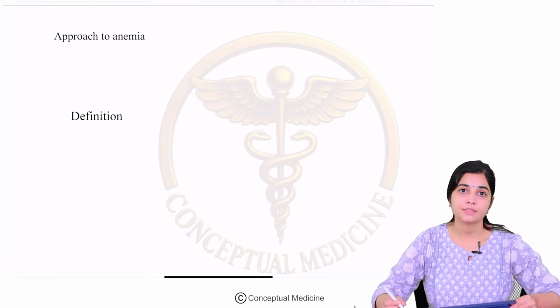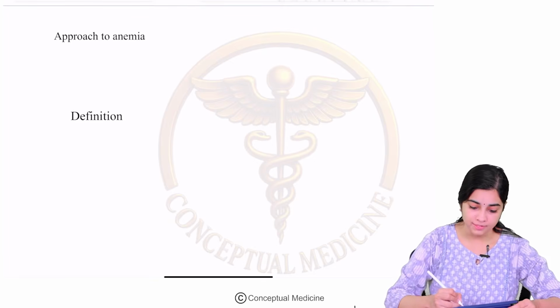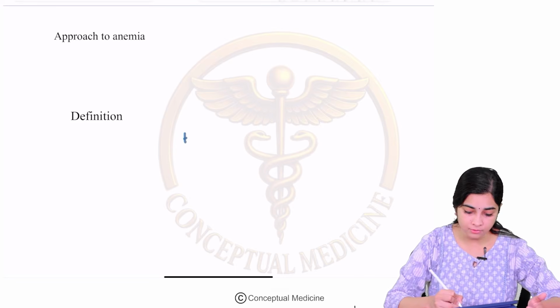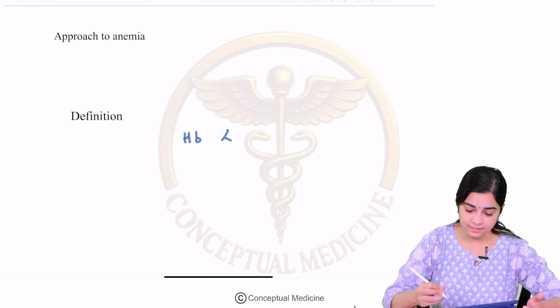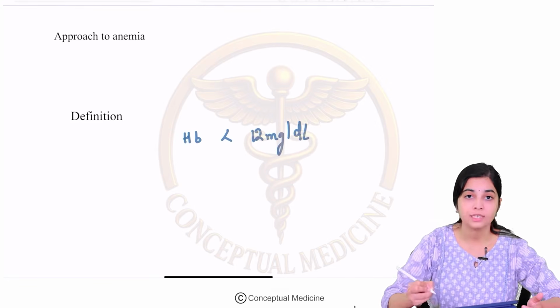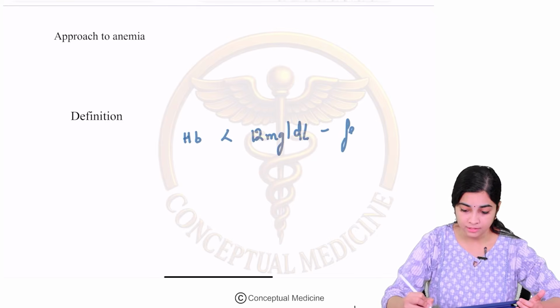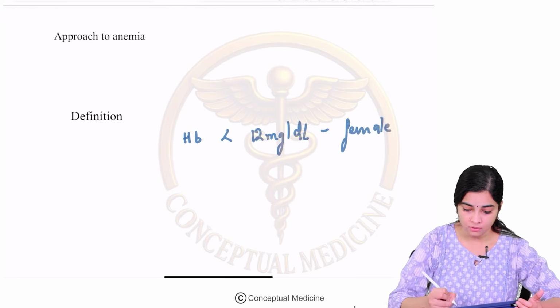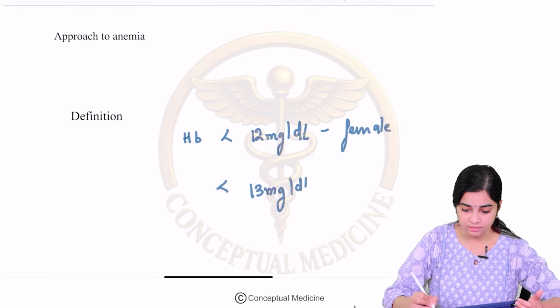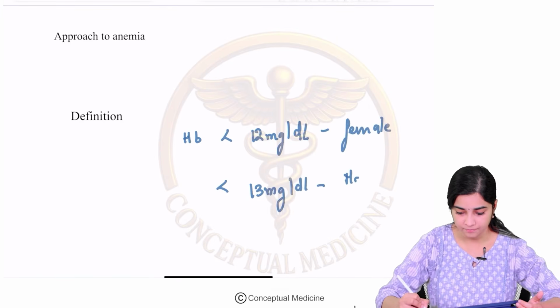Anemia, as per the definition of the WHO, is defined as a decrease in the hemoglobin, right? Hemoglobin which is less than 12 milligram per deciliter in a non-pregnant female or less than 13 milligram per deciliter in a male.